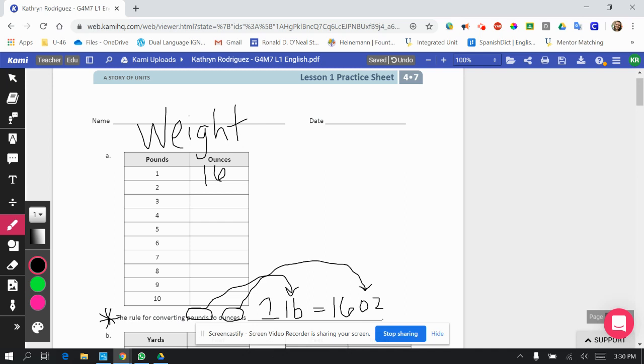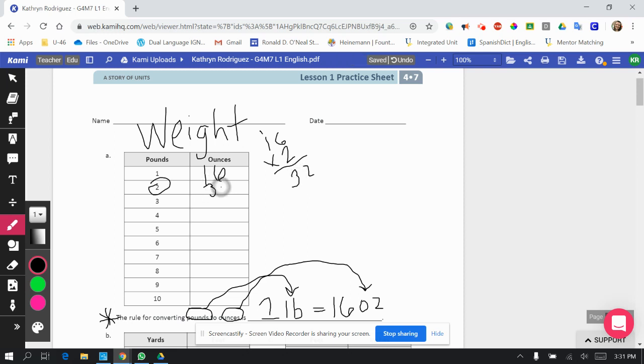So here we go. 1 pound is 16 ounces. So now I'm going to take 2 pounds. I'm going to multiply 16 ounces by 2, because I have 2 of them. I'm getting my words mixed up. Okay, here we go. So 6 times 2 is 12, and 2 times 1 is 2, plus 1 is 3.